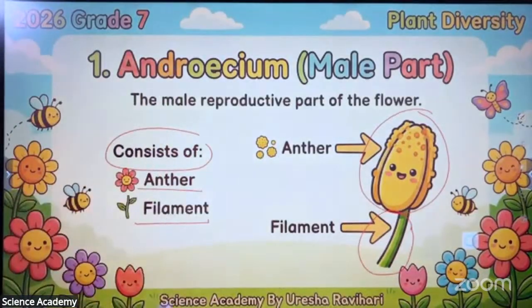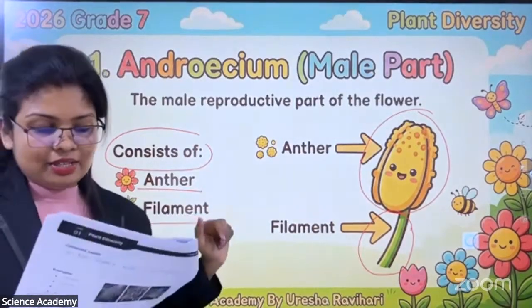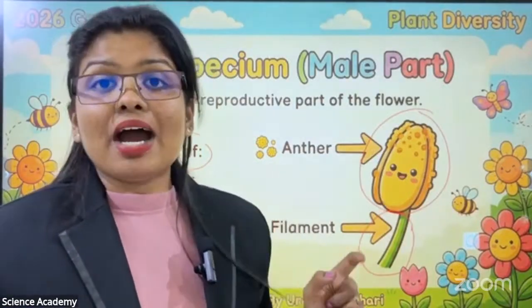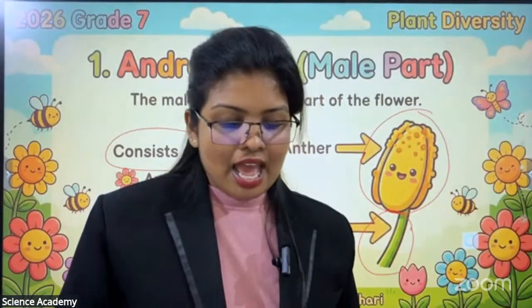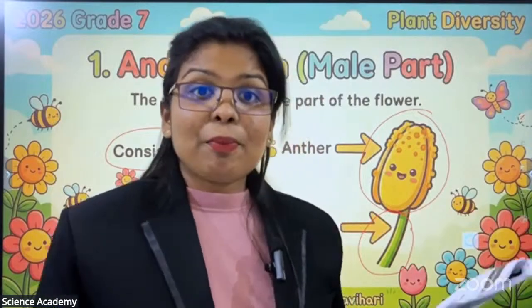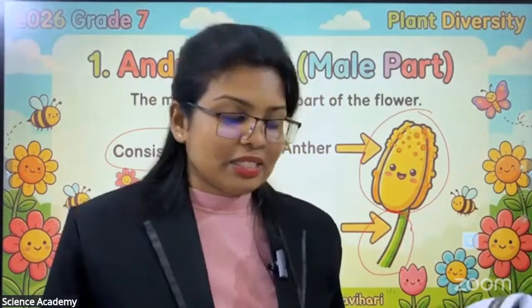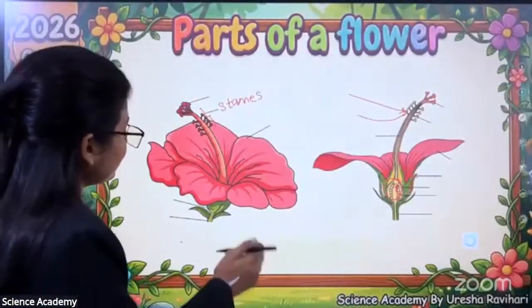Okay, children. Before that, I have given you the printed sheet, and under the diagram of the parts of a flower it is mentioned that there are three typical parts in a flower. What are these three typical parts?